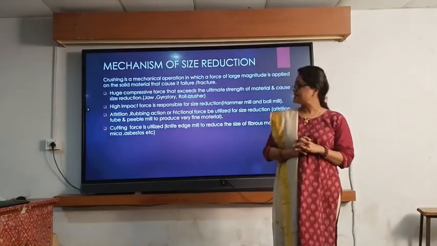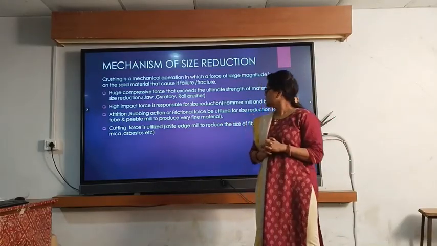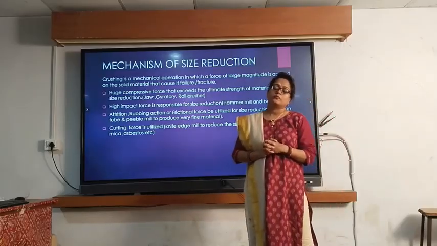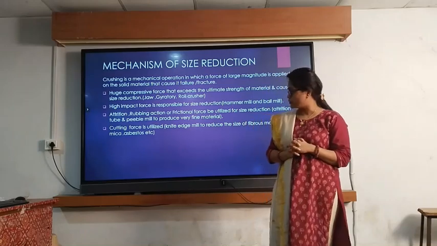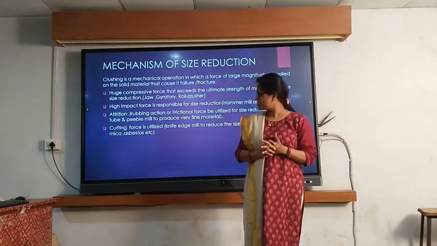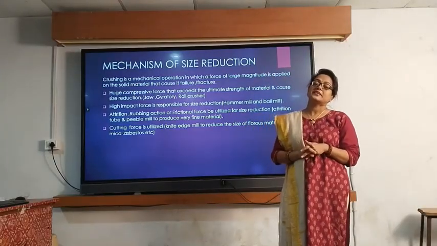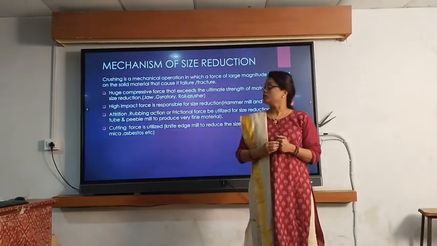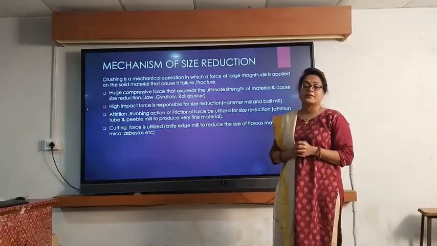Moving to the next mechanism, the high impact force is responsible for the size reduction. We will use the hammer mill and the ball mill, which are basically used for grinding purposes. The next mechanisms are attrition, rubbing action, or frictional force, which is utilized in the tube mill and pebble mill to produce very fine materials.